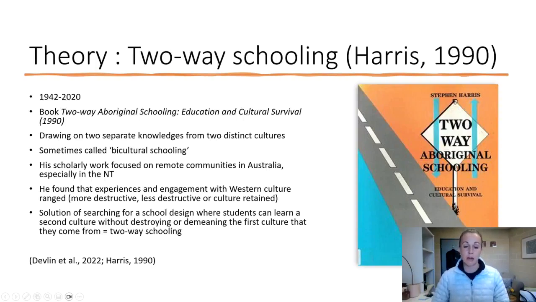And of course, the goal here is to retain culture of Aboriginal and Torres Strait Islander peoples. So he is, in his theory, trying to find a solution for a schooling where students can learn about a second culture or a Western culture without destroying or demeaning their first culture, where they come from. And he calls this two-way schooling.